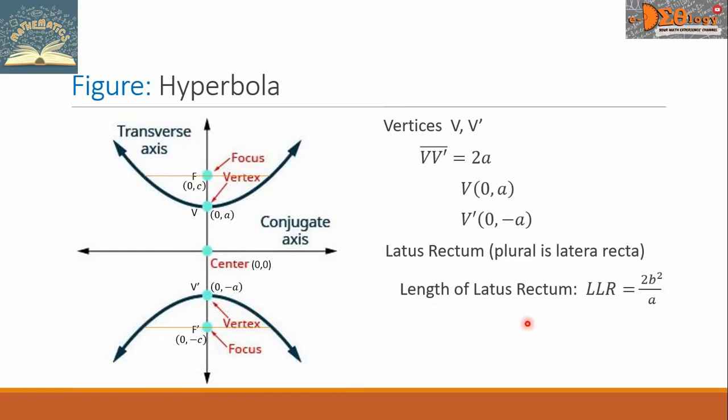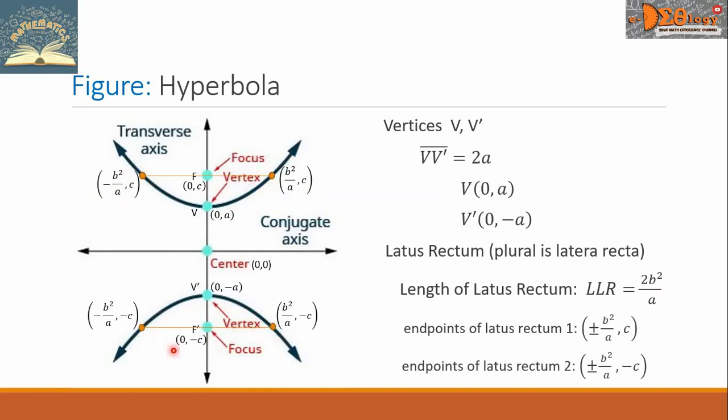It means we can write the coordinates of the endpoints of the first latus rectum. The endpoints are (b squared over a, c) and (negative b squared over a, c).